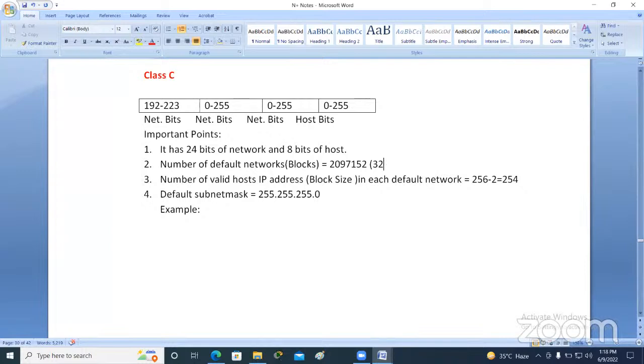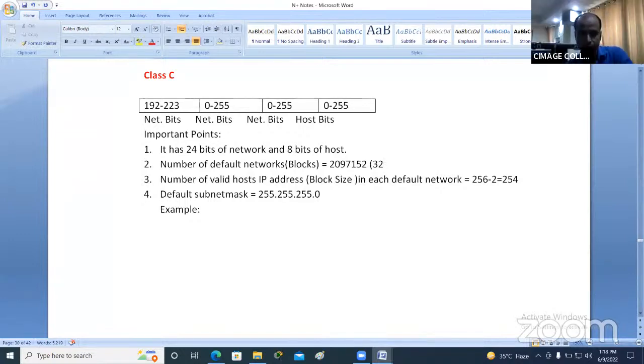Is it correct? But we will include 192 also. And then from the next group, the total value is 256. Again, the next group, because here we have to use the first three groups, 32 into 256 into 256 is equal to 2097152.